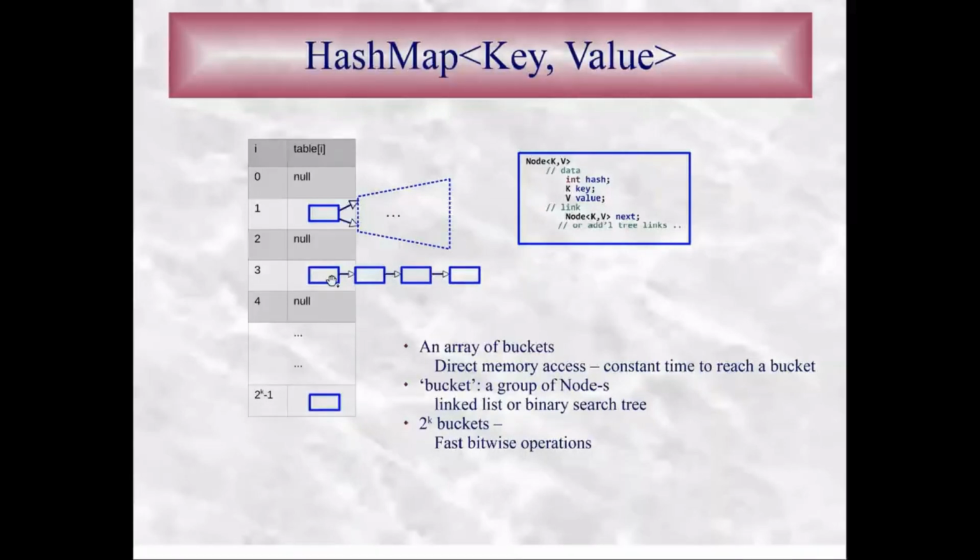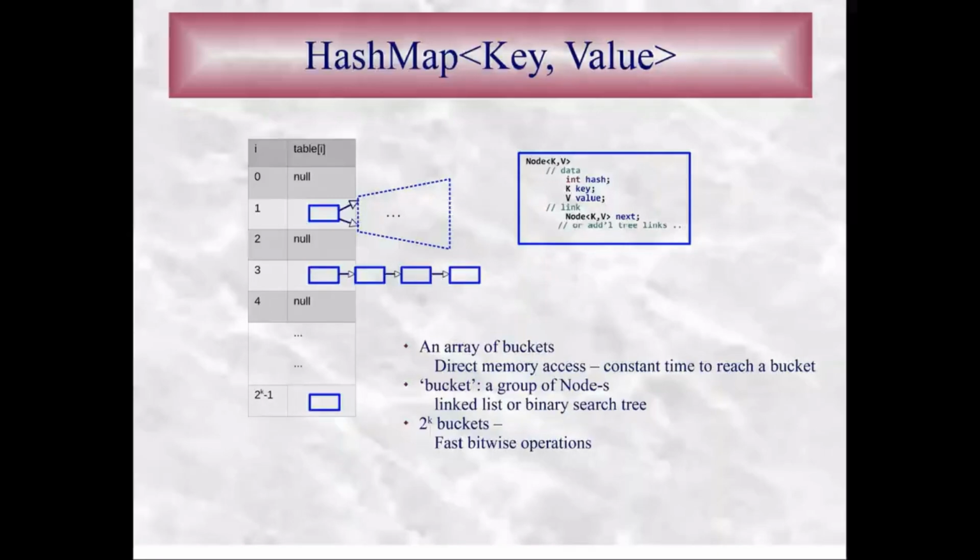Now the access time, the computational complexity of a linked list, is linear in the number of nodes. This isn't good enough for HashMap when the list gets longer and longer, if it does.